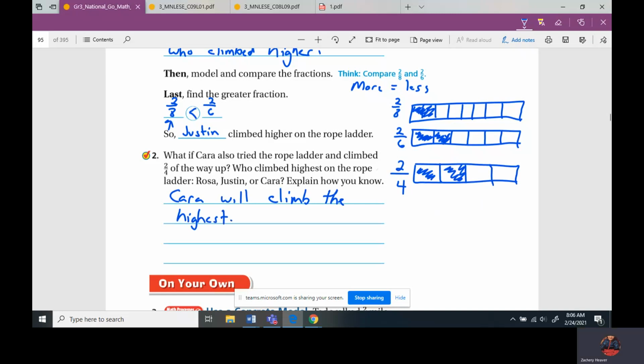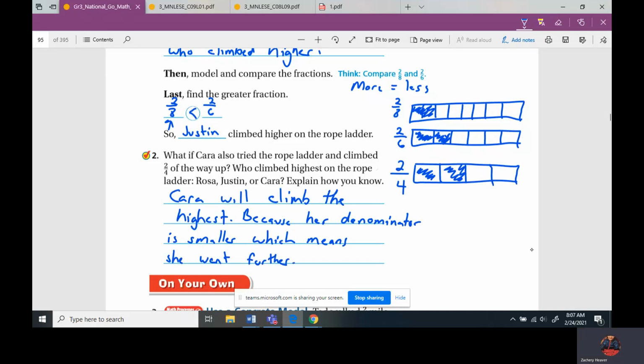And we know this why? Because her denominator, which is the bottom number, is smaller, which means she went further.